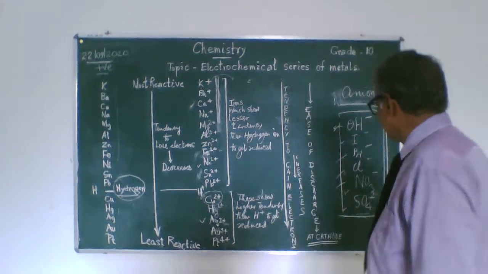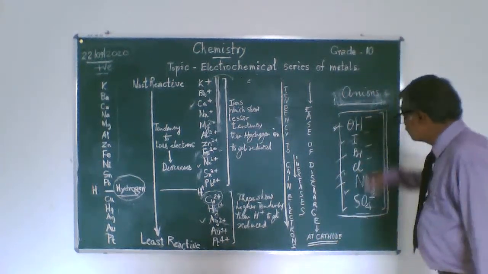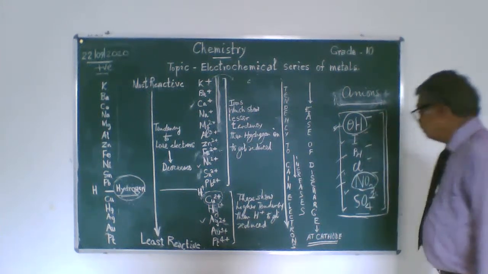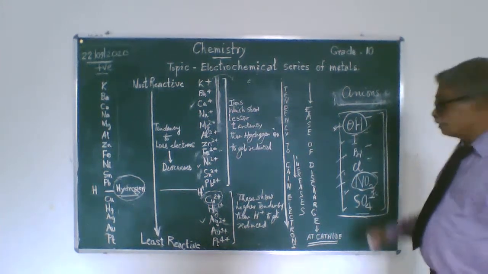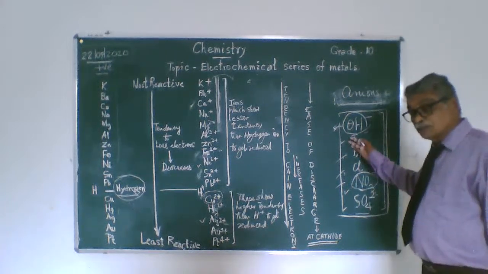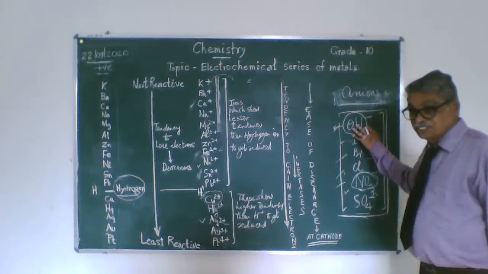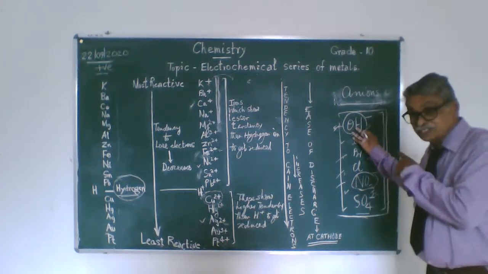Now, supposing there are two of these in the solution. One is hydroxide and the other is nitrate. During electrolysis, which goes to the anode? OH. It will go to the anode first.